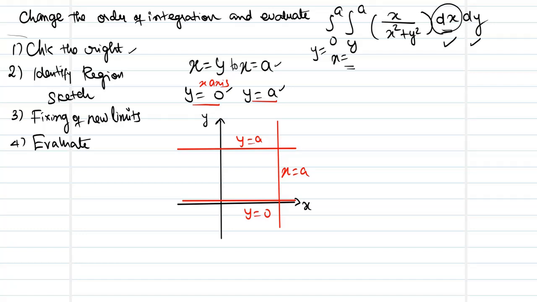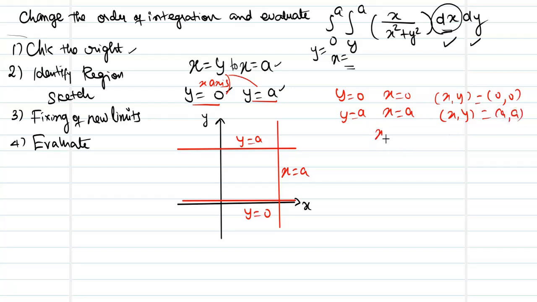Now how about the line x equal to y? For tracing it, substitute values of y in the equation. When y is equal to 0, x also equals 0, so the point x comma y is 0 comma 0. When y is equal to a, x also gives a, so the point is a comma a.